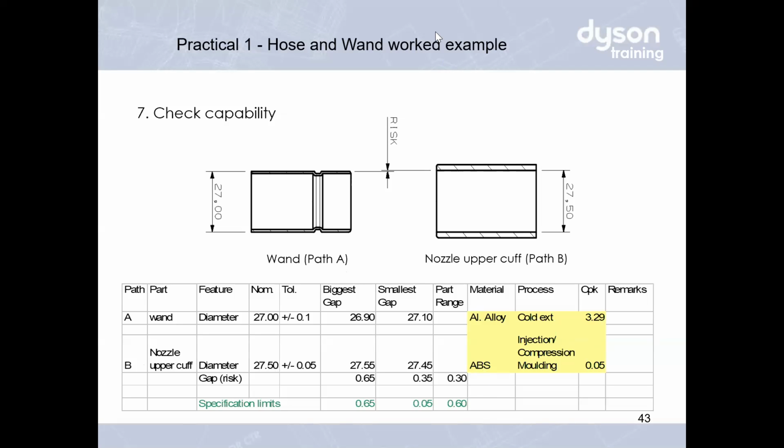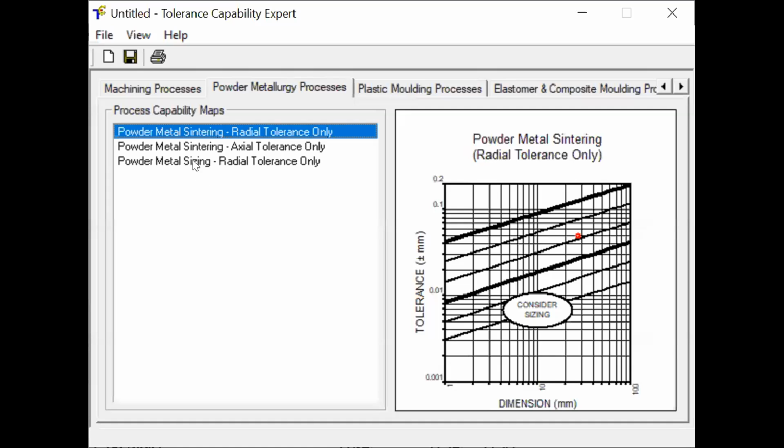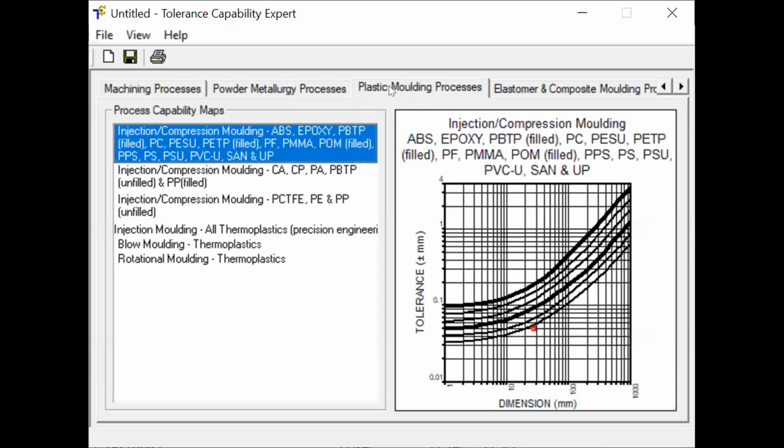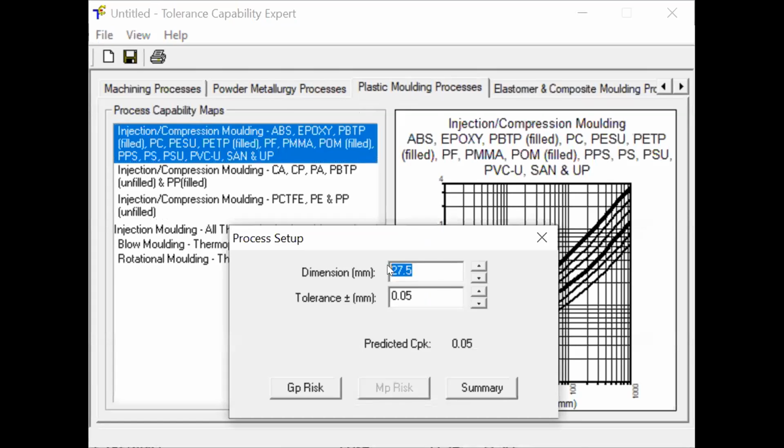Okay, injection process. So instead of extrusion, we try to find injection. They call it plastic molding process, and the material used is ABS. Then 27.5 and 0.05. The CPK is 0.05.